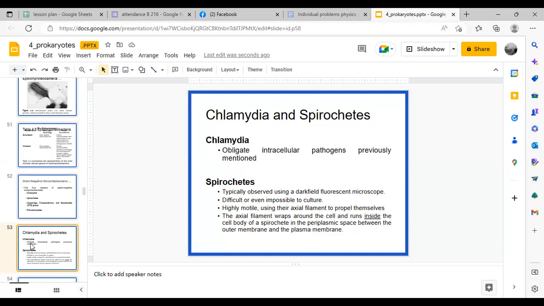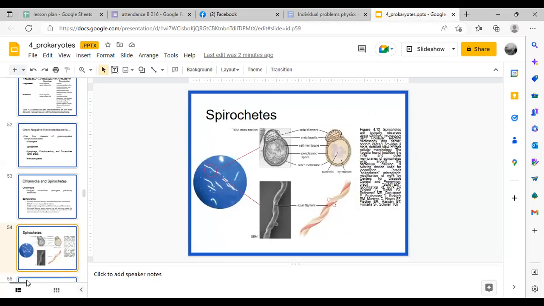So it wraps around the cells and runs inside the cell body of a spirochete in the periplasmic space between the outer membrane and the plasma membrane. Okay? So mabilis yung movement nito. Okay, so that's the shape of spirochetes.